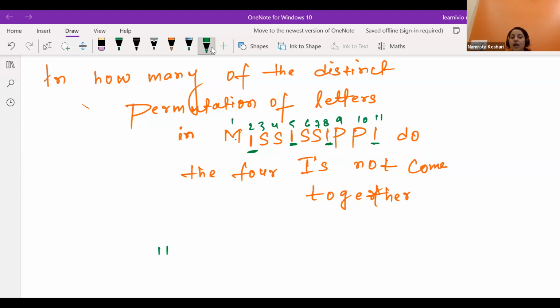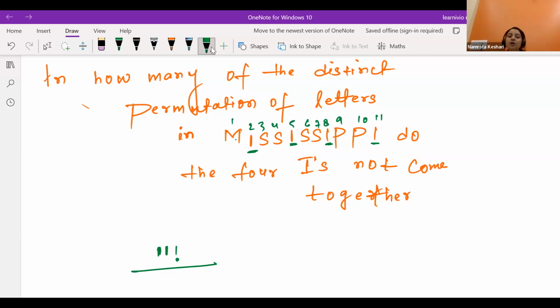So 11 out of 11, arranging 11 out of 11 will be 11p11, that means 11 factorial. Can we say 11 factorial directly? Total permutation, हमारे पास 11 स्पेसेस है और हमारे पास 11 लेटर्स है, तो ऐसे में परम्यूटेशन कैसे आता है? 11p11 और उसका मतलब होता है 11 फैक्टोरियल, हाँ या ना?